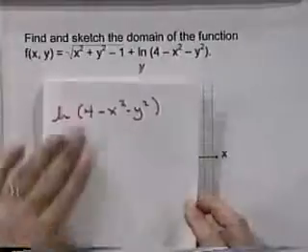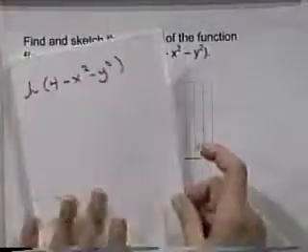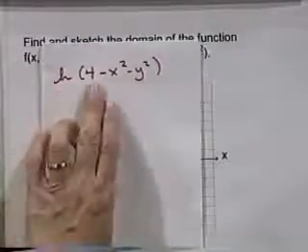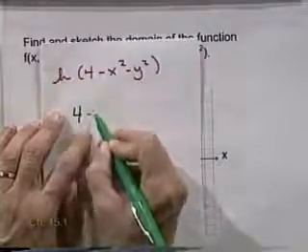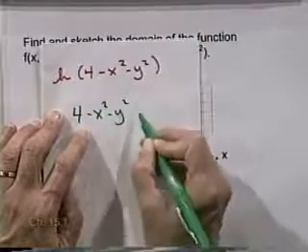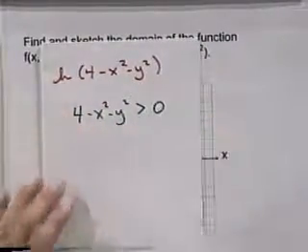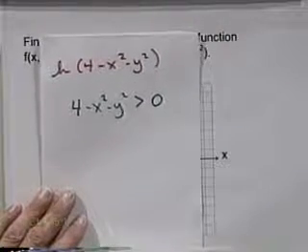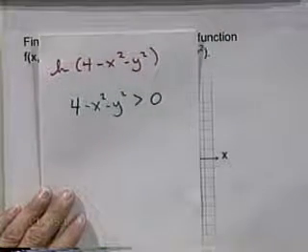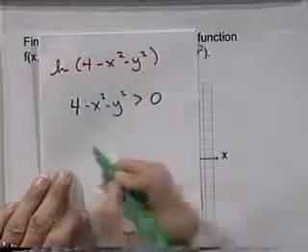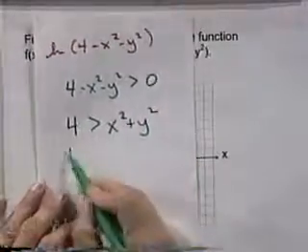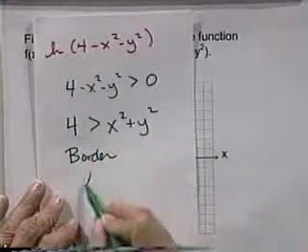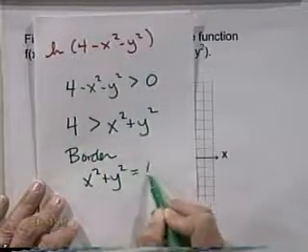All right, but we also have to have this part make sense. We need to have, in addition, the log of 4 minus x squared minus y squared to make sense. We can't take the log of zero or negatives, so we need 4 minus x squared minus y squared to be greater than 0. So I need 4 to be greater than x squared plus y squared. So my border is going to be x squared plus y squared equals 4.